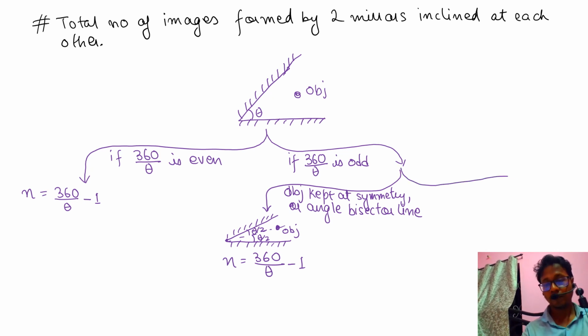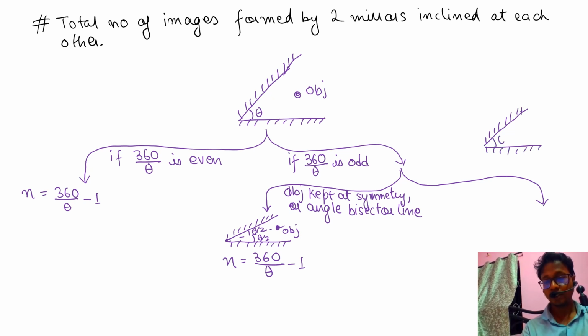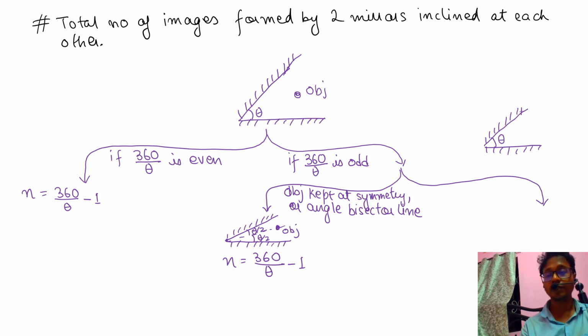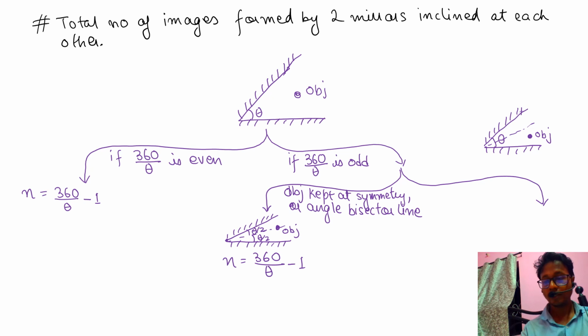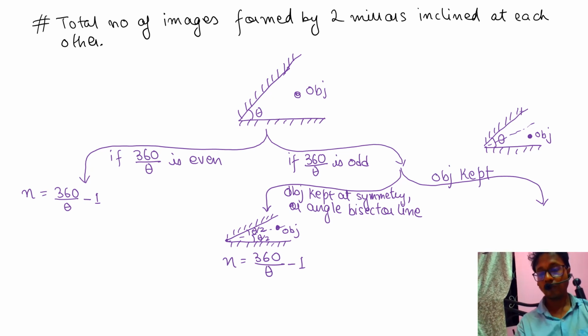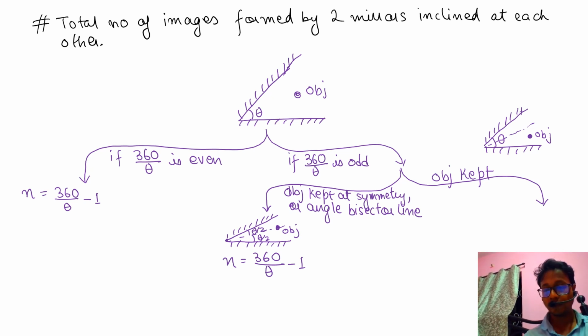And the second case is this: this was a mirror, and the angle between the mirrors is theta such that 360 by theta is odd, and this is our angle bisector. Now if the object is kept not on this line but outside it, suppose the object is kept out here, that means the object is kept outside symmetry, outside the angle bisector line.